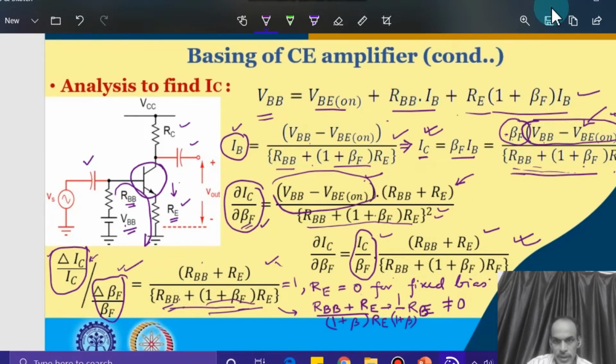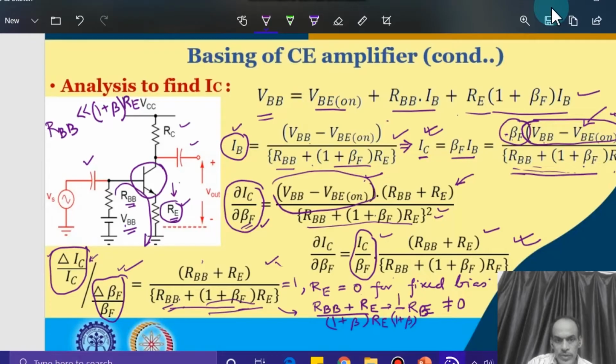And if you consider that RBB is much smaller than 1 plus beta into RE, and further, if I consider that RBB is also less than RE, then we do get this advantage.